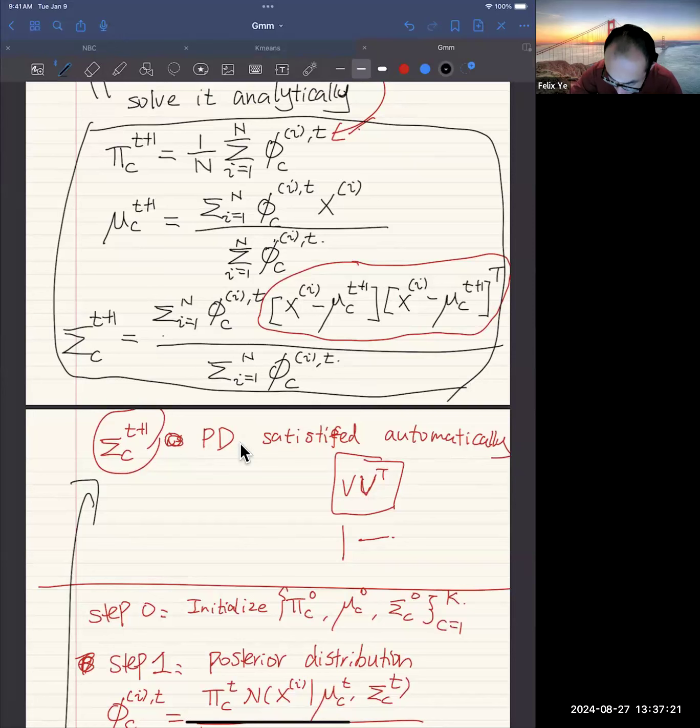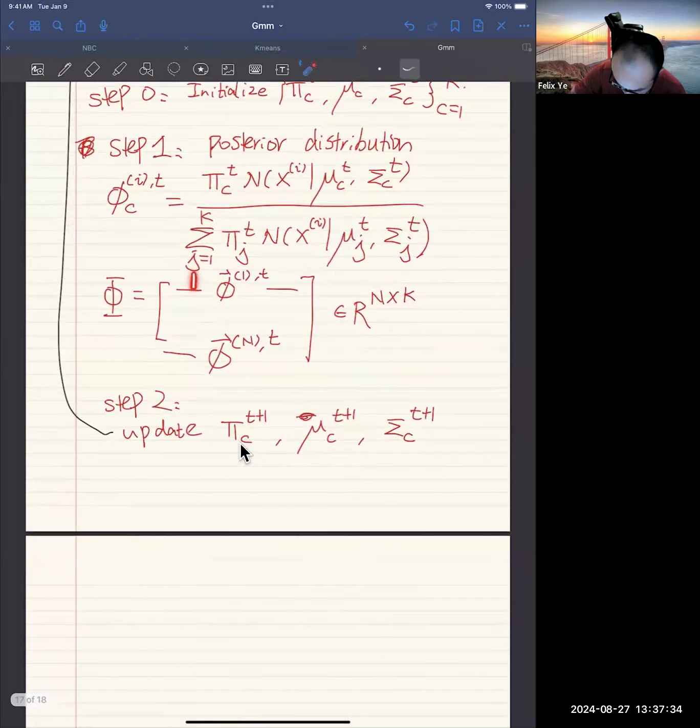So if you look at things right here, we fix the C here and sum over all I from 1 to n. This is equivalent to fixing one column of C, then summing over all the components on the C. So that's why this value is not equal to 1. The summation of each column is not equal to 1. So update according to this formula.